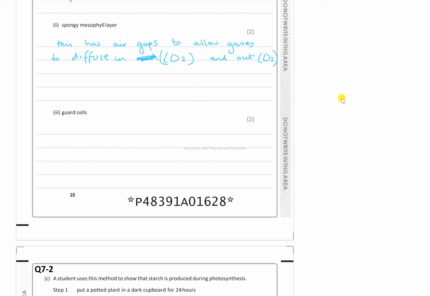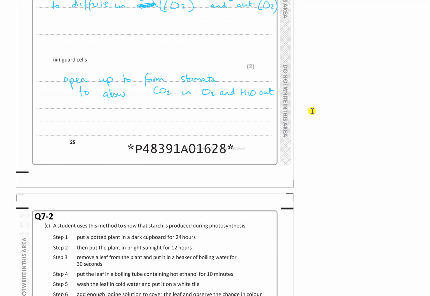And the guard cells, they will open up to form a pore or a stoma, or lots of stomata, to allow CO2 in, and oxygen and water out.